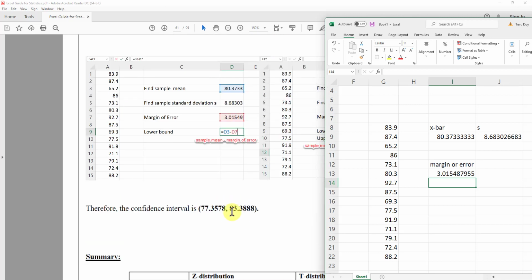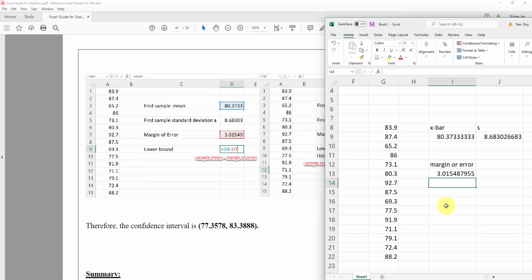And now I have everything, so I can find the lower bound and my upper bound. Remember, the lower bound is equal to the sample mean or x bar minus the margin of error. And then my upper bound is equal to the mean or x bar plus the margin of error. So you just add it and press equal.